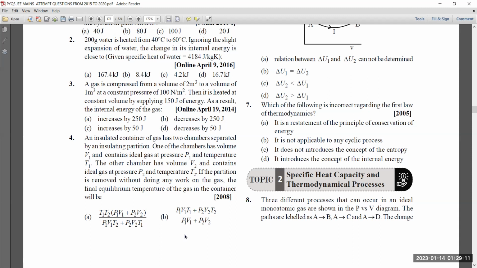So can you solve this question? So eventually it will have same pressure, right? Same temperature. Because it's only one system, no?